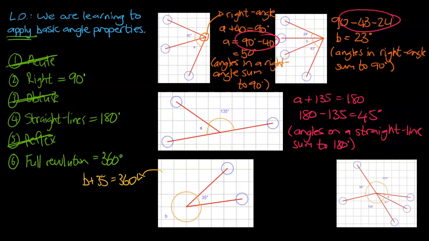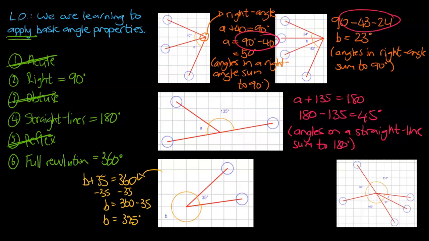I'm going to subtract 35, just like I would for algebra. 360 minus 35 means angle B should be 325 degrees. So I know that with certainty.